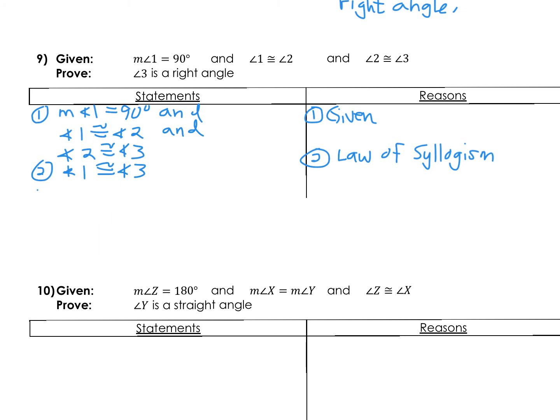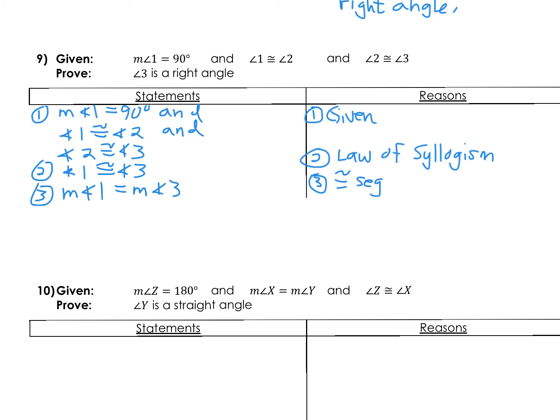So we're going to do in step 3, the measure of angle 1 is exactly equal to the measure of angle 3. All right, so going here, the reason for that is congruent... oh, we're not segments, angles.